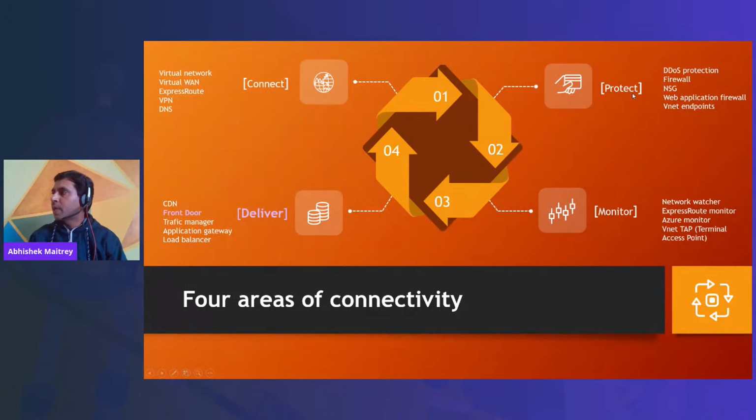If we talk about protect, there are DDoS protection, firewall, NSG, web application firewall, VNet endpoints, and so on. Third, monitoring, where we have Network Watcher, ExpressRoute Monitor, Azure Monitor, VNet Terminal Access Point. And at last, the fourth is Deliver, under which we have CDN, Front Door, which today we will talk about, and Traffic Manager, Application Gateway, Load Balancer.